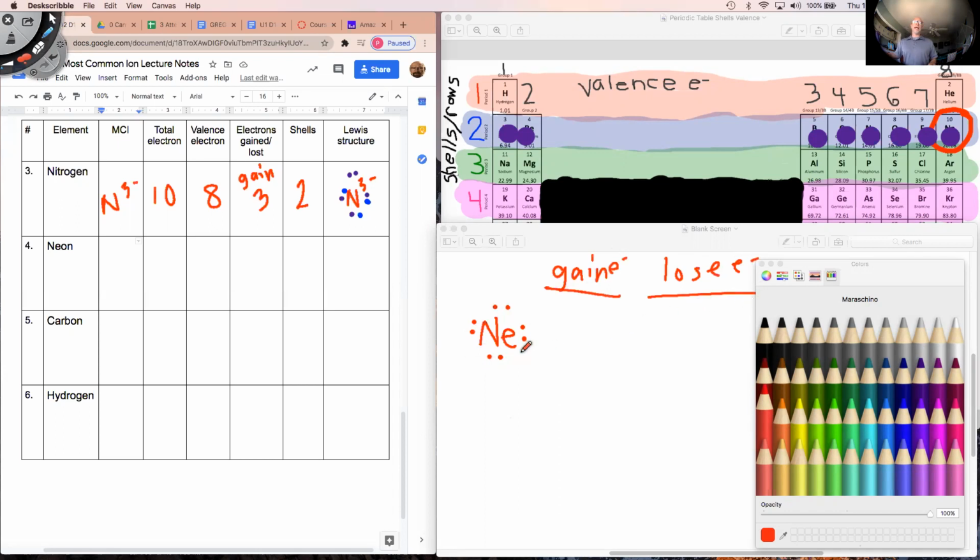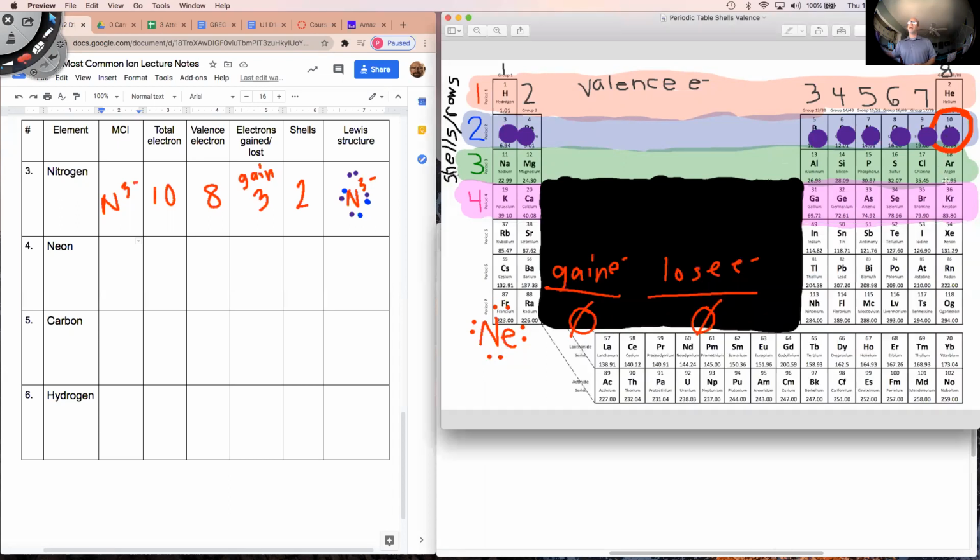Well, neon already has 8, and believe it or not, neon doesn't want to gain any. Neon doesn't want to lose any. Now remember, all of these atoms right here, they all have the same number of valence electrons, which means they're all going to act the same as neon. All of these in this last column will have 8 and will not want to gain another one.